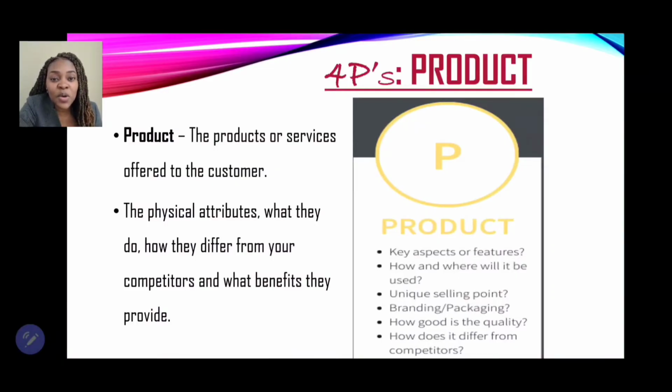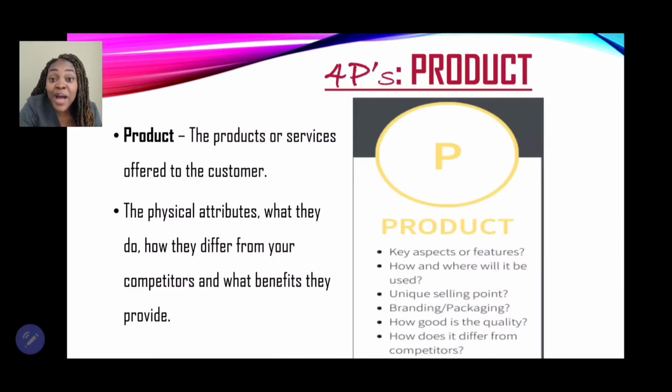So we have to think about the physical attributes. What does this particular product do, or what does this service offer? How do they differ from your competitors? How are your products different, right? And what benefit do they provide? So we may speak of their key aspects and features, how and where they will be used, the unique selling point.